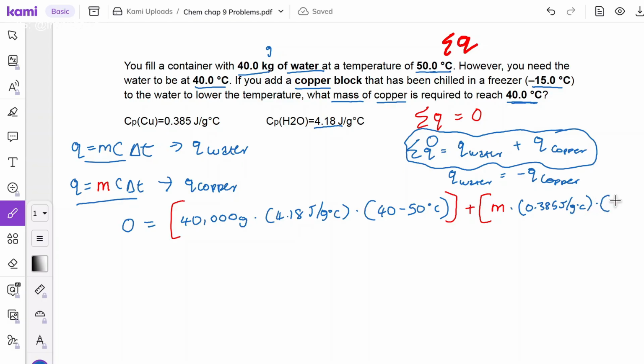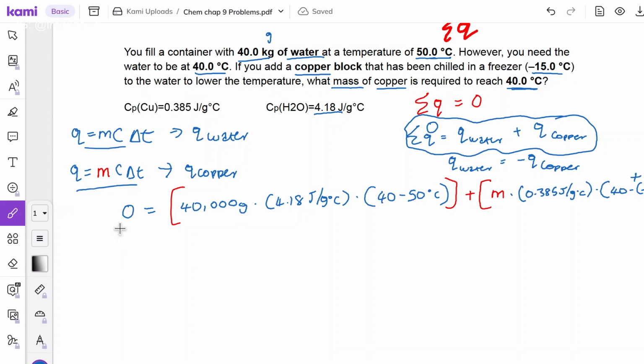And we also know the final temperature is going to be the same, 40. Actually, copper starts at negative 15. So instead of 40 minus 50 like we did here, it's going to be 40 minus negative 15, which turns to a plus instead of a minus.